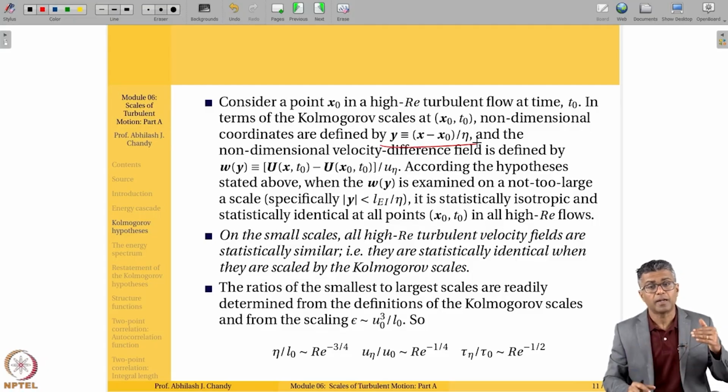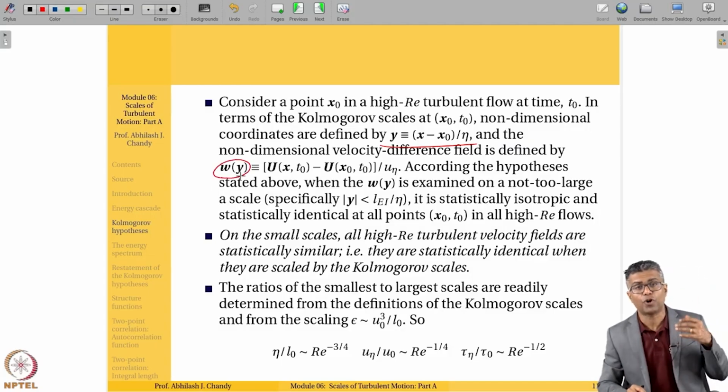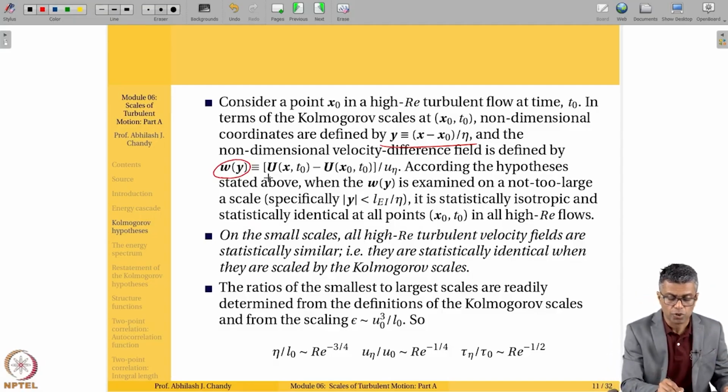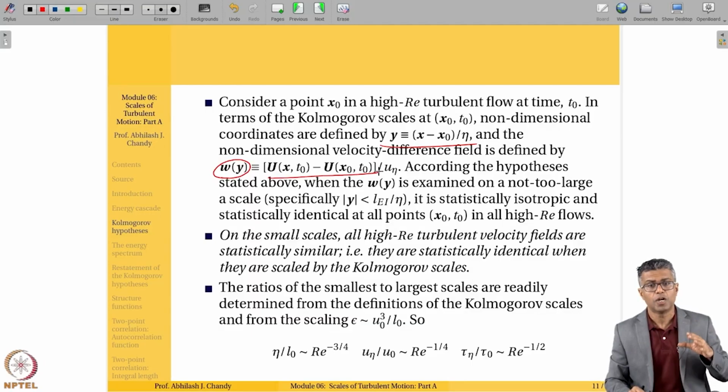So we are normalizing it with the Kolmogorov scale. The same thing goes for the velocity difference. So w_y is a non-dimensional, normalized velocity difference, which is u minus some reference velocity divided by the Kolmogorov velocity. So you have now scaled it with the Kolmogorov scales.